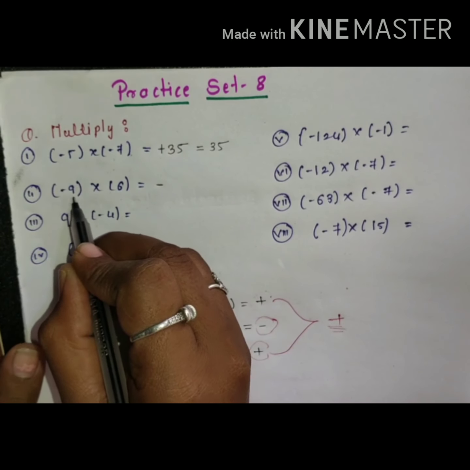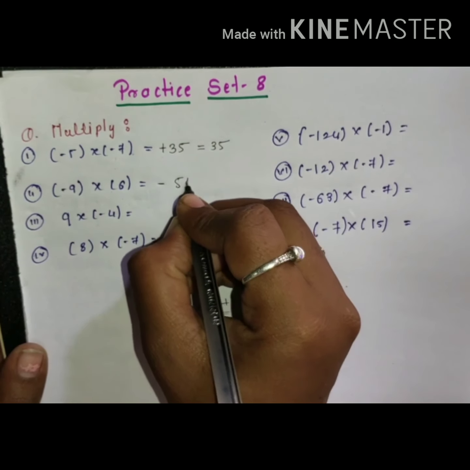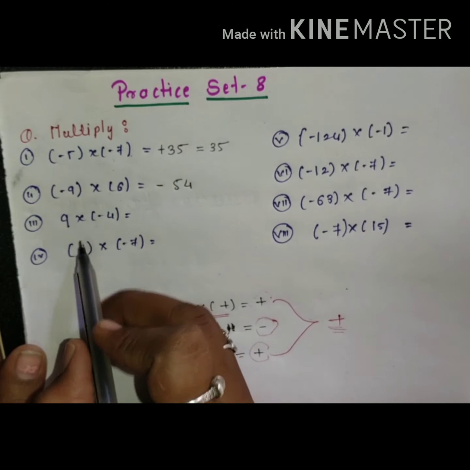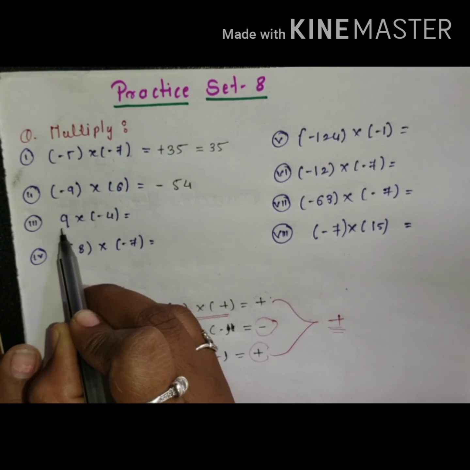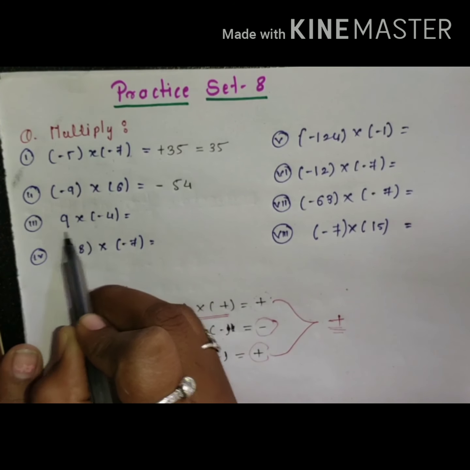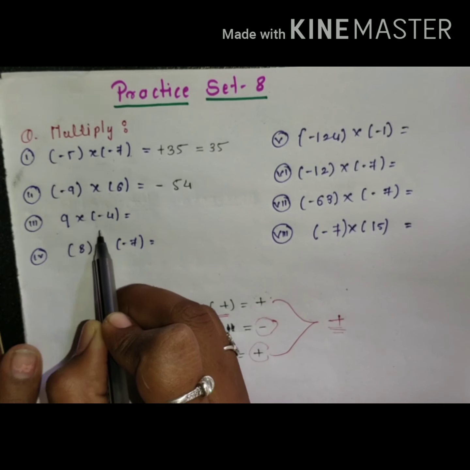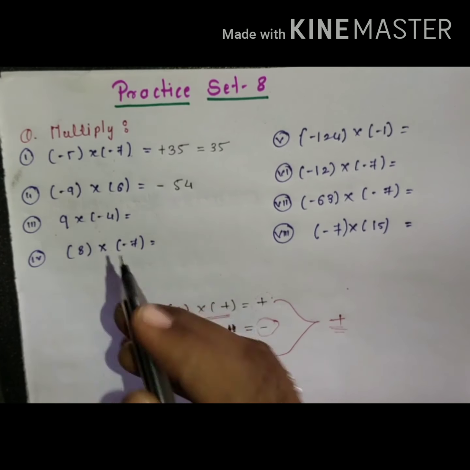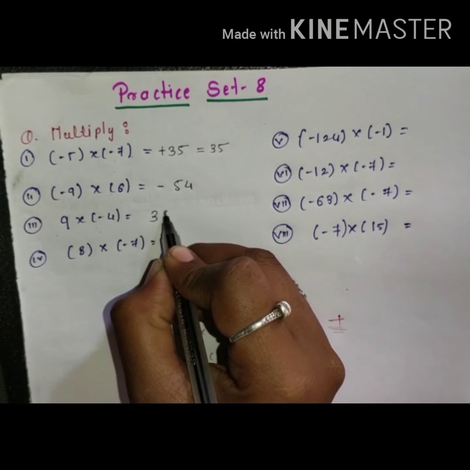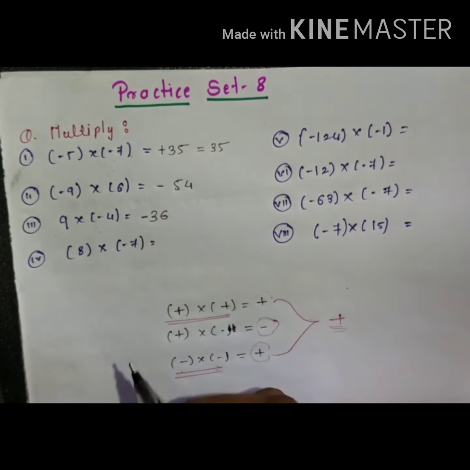Do the multiplication: 9 sixes are 54. Next one, 9 fours, again both numbers have different signs, one positive and one negative. So 9 fours are 36 and the sign will be minus.